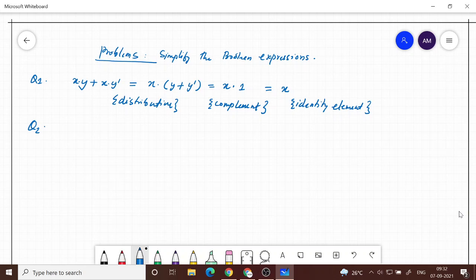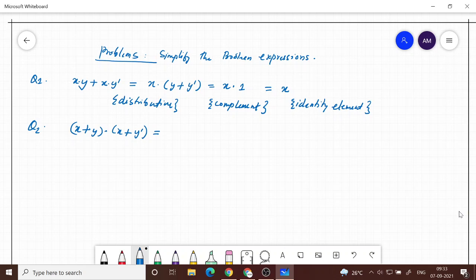Number 2, look at x plus y dot x plus y dash. So these are two variable Boolean functions. So all of this down the line at different stages, they are all equivalent expressions.